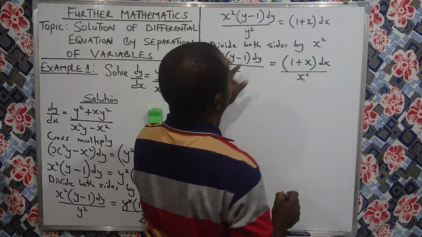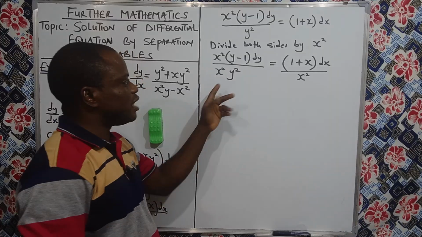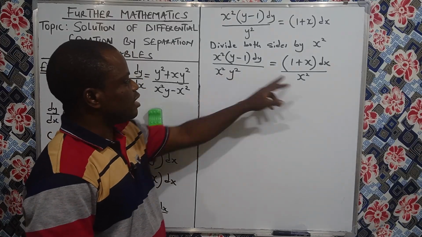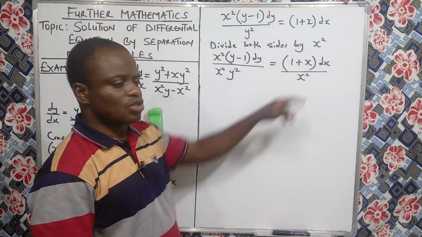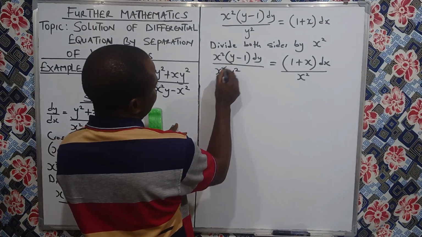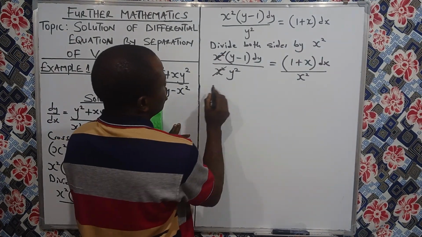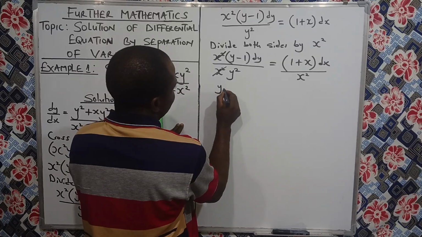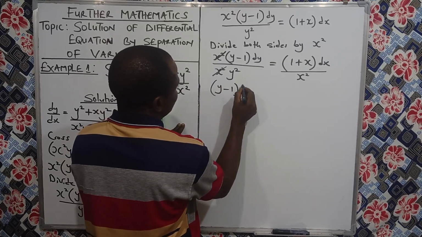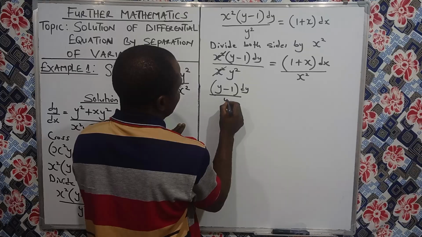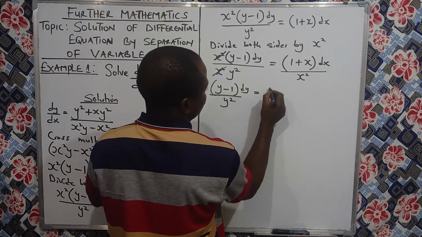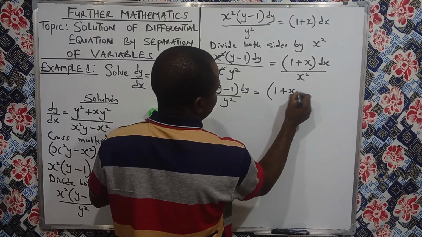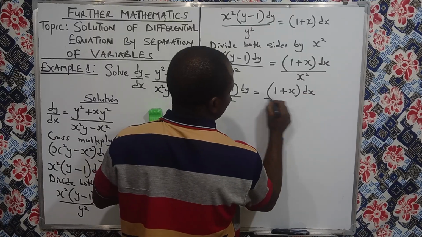Because of the statement divide both sides by x squared, that means that you will divide both the left hand side and the right hand side by x squared. Now we can see that x squared cancels x squared. We are now left with y minus 1, dy over y squared equals open bracket 1 plus x, dx over x squared.